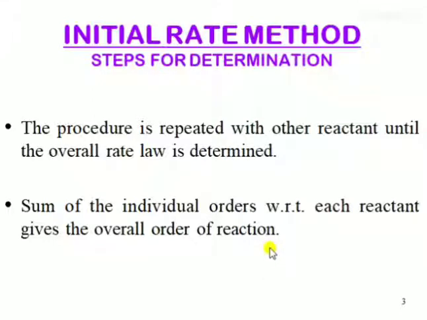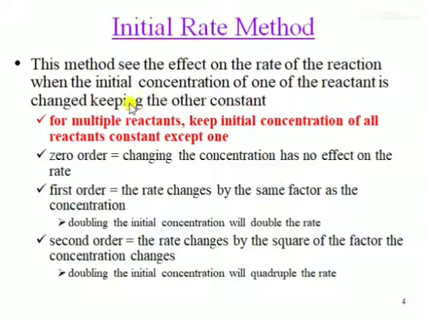Okay, so we'll discuss it further. Now, suppose the reaction happens to be zero order. In this case, changing the concentration will have no effect on the rate of the reaction. If it is a first order reaction, the rate changes by the same factor as the concentration.